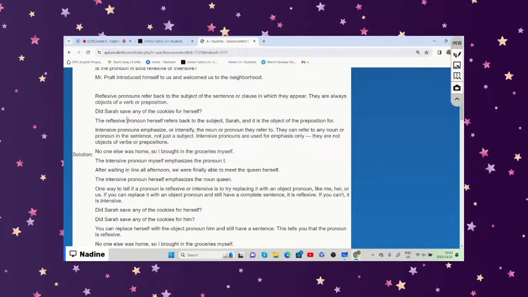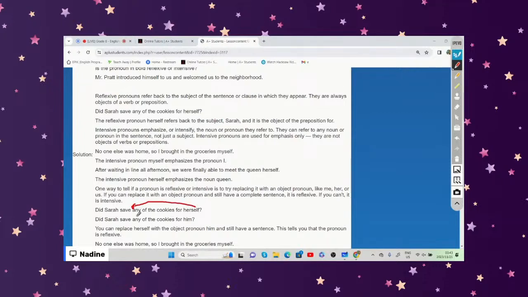For example, did Sarah save any cookies for herself? Or did Sarah save any of the cookies for him? In this case, herself refers back to Sarah, right?